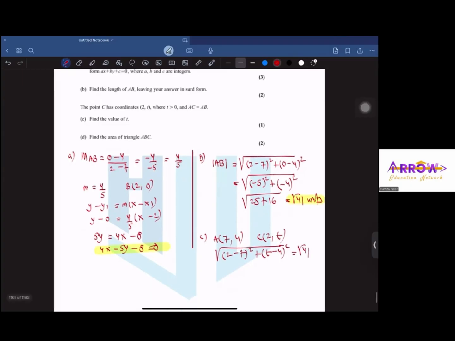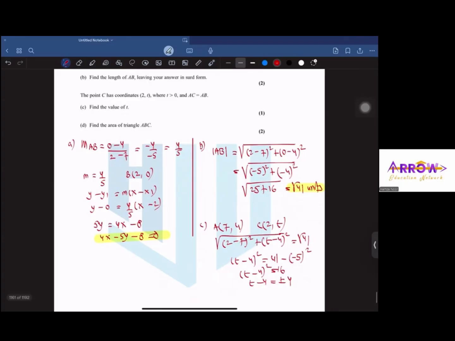So I'm going to take the square on both sides. So (t − 4)² is equal to 41 − (2 − 7)², meaning 41 − 25. So (t − 4)² is equal to 16, meaning t − 4 is equal to ±4.